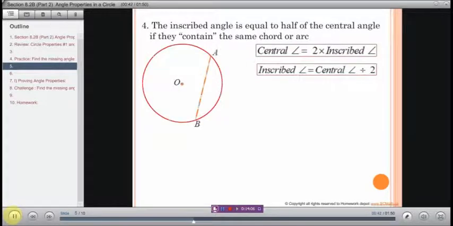So here is the situation I'm talking about. This central angle here, the angle from the center of the circle, is 2 times this inscribed angle here. And vice versa, this is half of that. So if that's x, what's this going to be? 2 times x, that'll be 2x. Right?